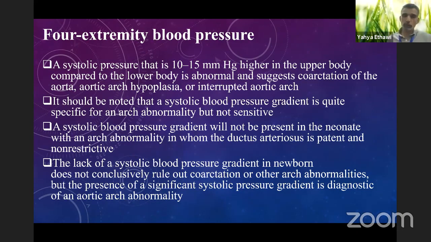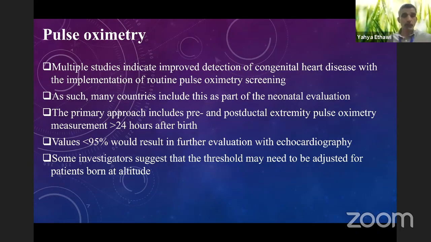Now, a difference between upper and lower by 10 to 15 millimeters of mercury can indicate something, but does not mean there is something, but needs further exploration. Pulse oximetry in 4 limbs also can help. Preductal and postductal difference can help you with congenital heart disease, and also it can help you with pulmonary hypertension. But please remember, is it within 24 hours or after 24 hours, due to presence and absence of PDA?